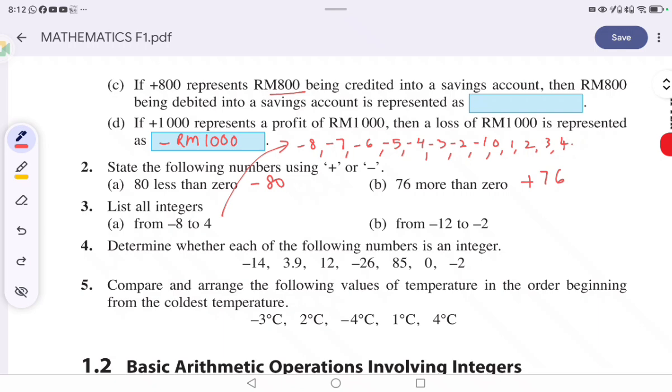Okay, and then you need to list all integers from negative 12 to negative 2. Same also. You start from negative 12. Then you list down negative 11, negative 10, negative 9, negative 8, negative 7, negative 6, negative 5, negative 4, negative 3, negative 2, negative 1, 0.